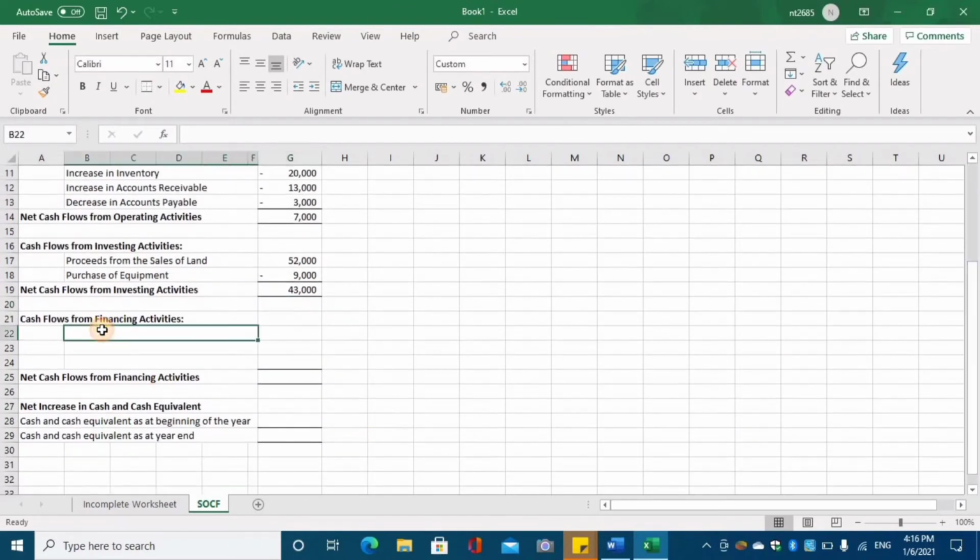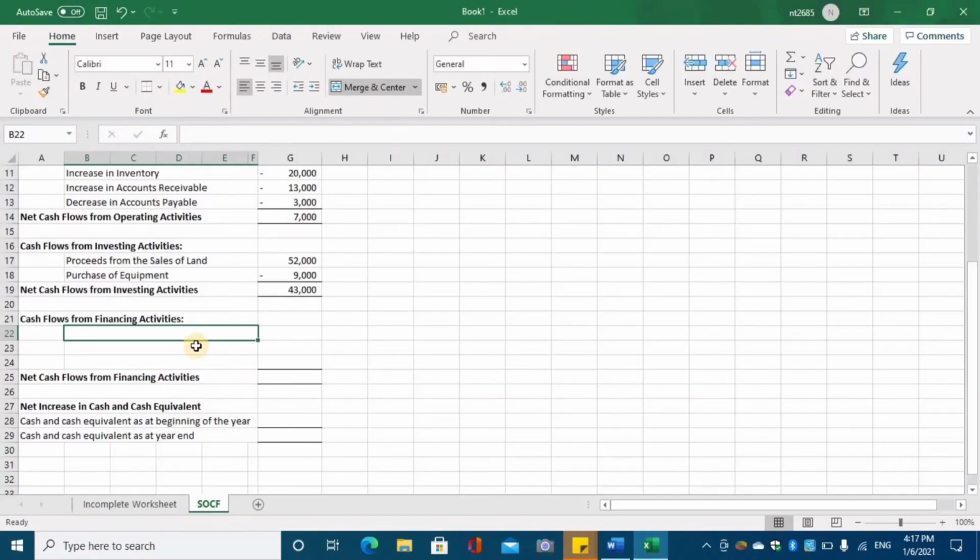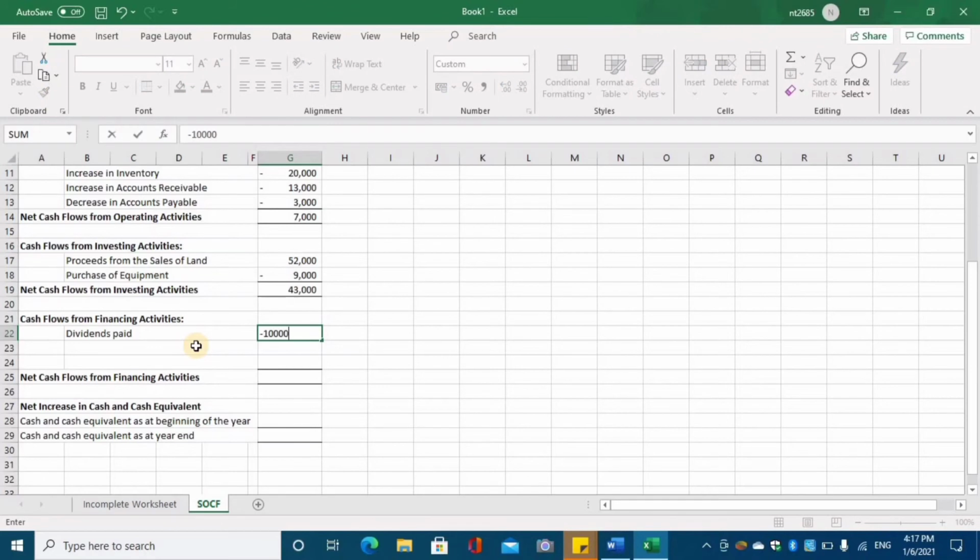Cash flows from financing activities. From the question, cash dividends of 10,000 were paid during the year. So dividends paid minus 10,000.